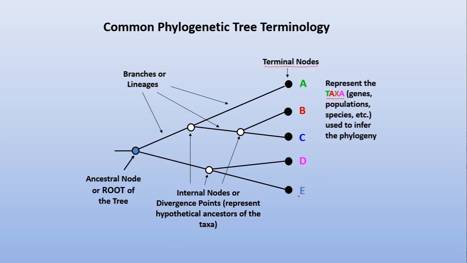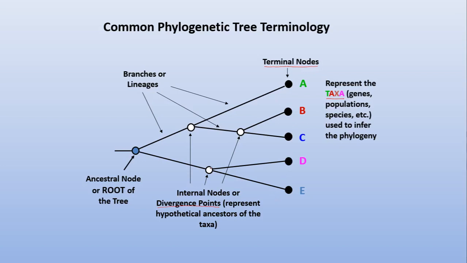So besides the presence of terminal nodes, your phylogenetic tree can also have internal nodes, which are also sometimes referred to as divergence points. These divergence points represent the common ancestor of the terminal nodes, or you can say they represent the hypothetical ancestors of your terminal nodes.